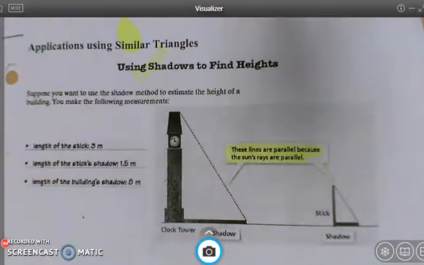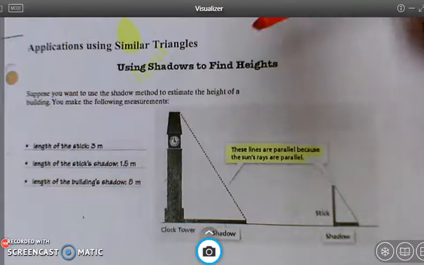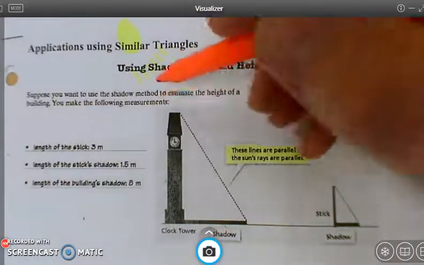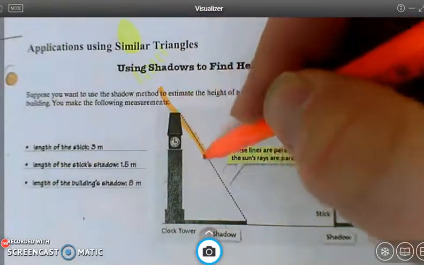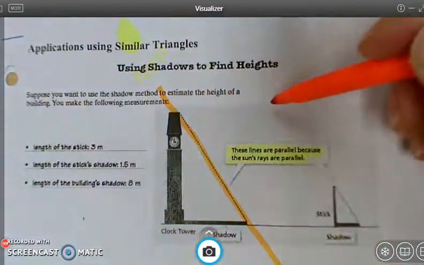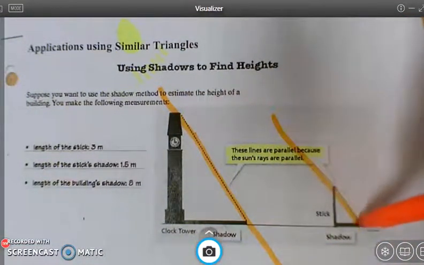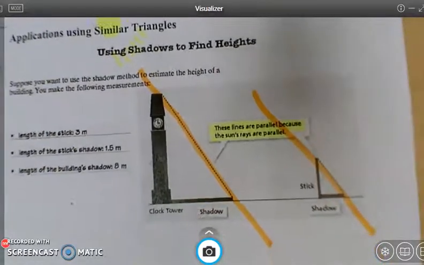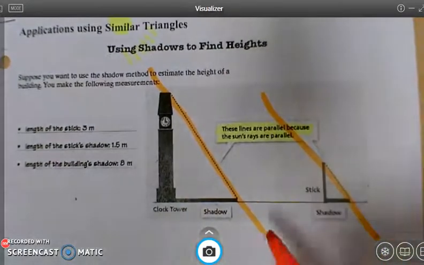Now, because they're parallel lines, let's go ahead and draw that in and see if this makes a little bit more sense. Because they're parallel lines, we can see that this line and this line, these are rays of the sun, are parallel. I know my drawing's not very pretty, but they are parallel.